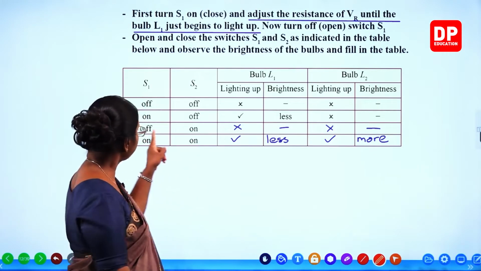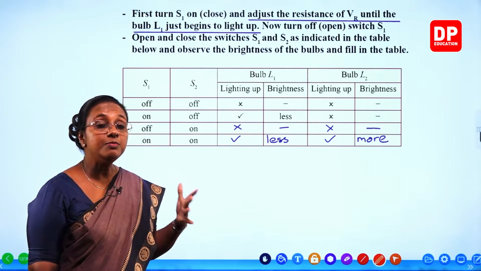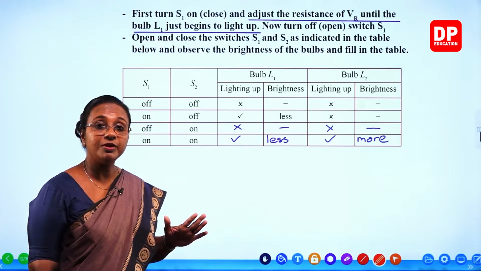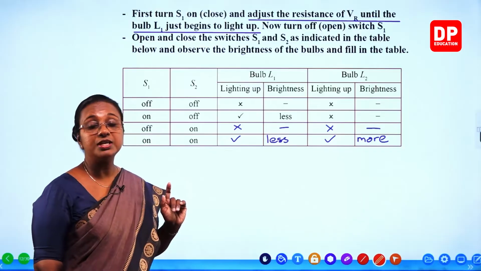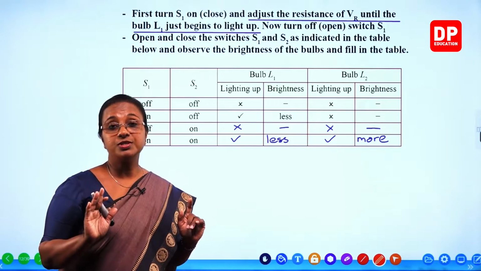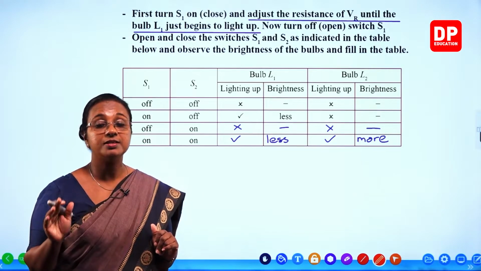But when you have S1 off, that is the input circuit is open, there is no current flowing through the input circuit even if you close S2. That is, you have a closed output circuit. Still there will be no current flow in the output circuit.